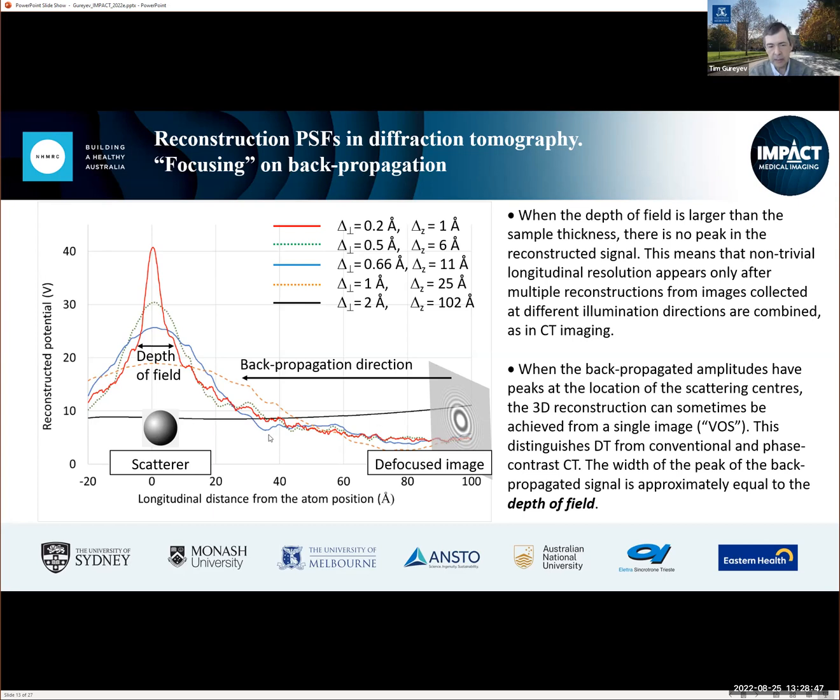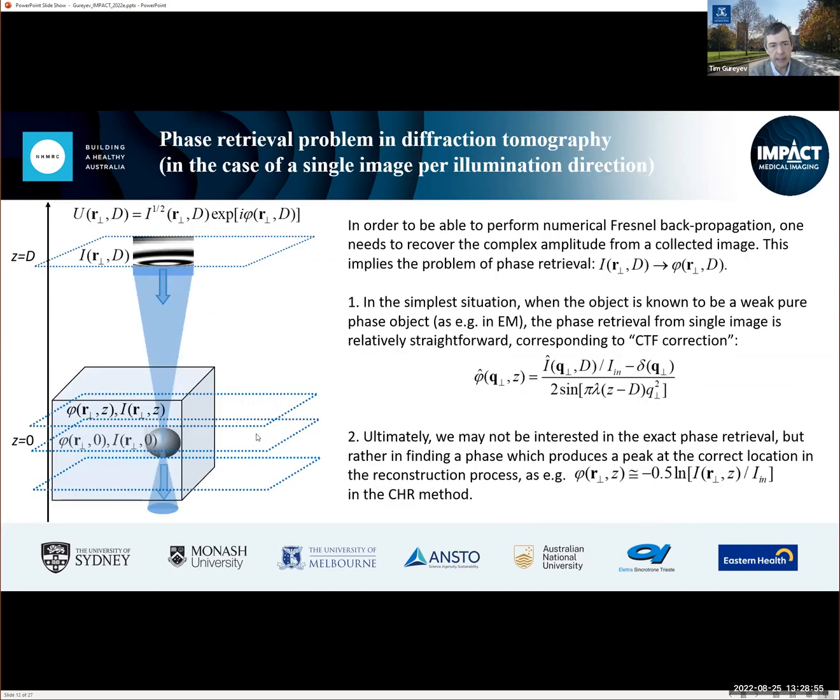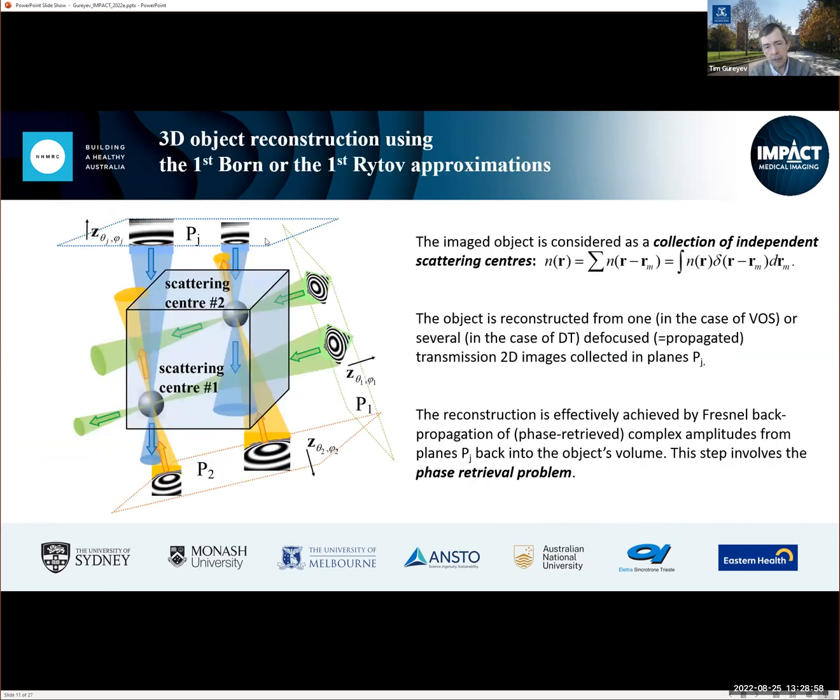And we get this three-dimensional resolution only after combining multiple images, collected from different illumination directions. When we combine them, we get these backpropagated rays intersecting and producing the distribution of the refractive index at the right spots.